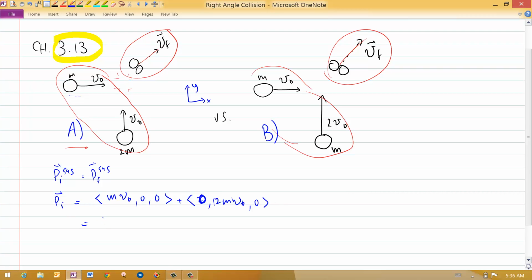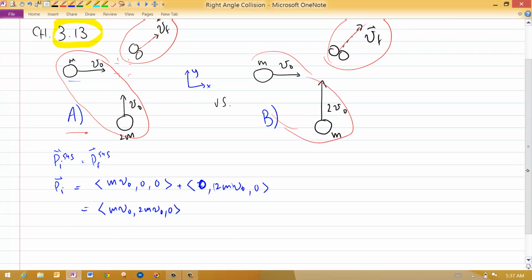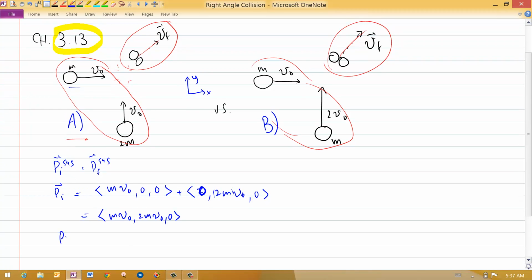So the initial momentum is m v0, 2m v0, and 0. Now, because of the momentum principle, I know that the final momentum of the system is going to be the same thing, because the momentum of the system did not change in the collision: m v0, 2m v0, and 0.